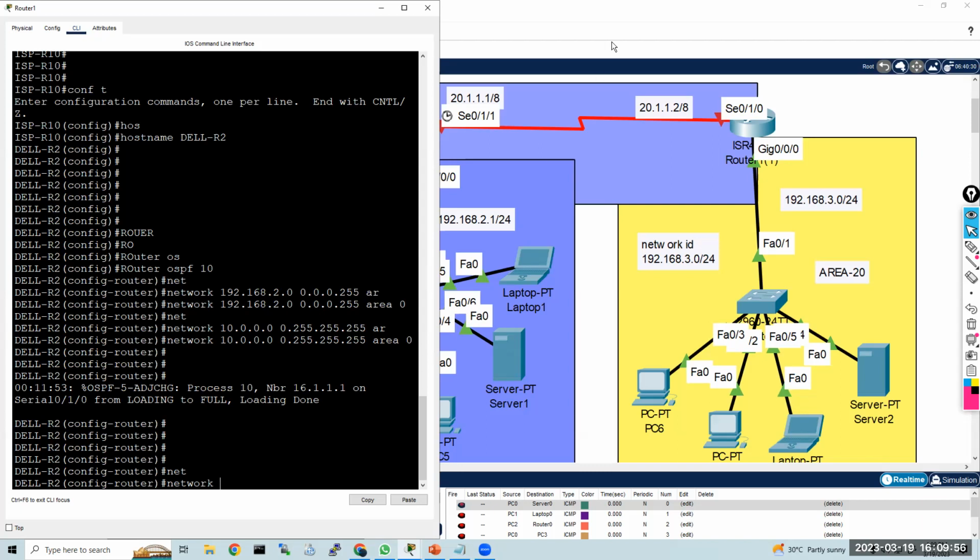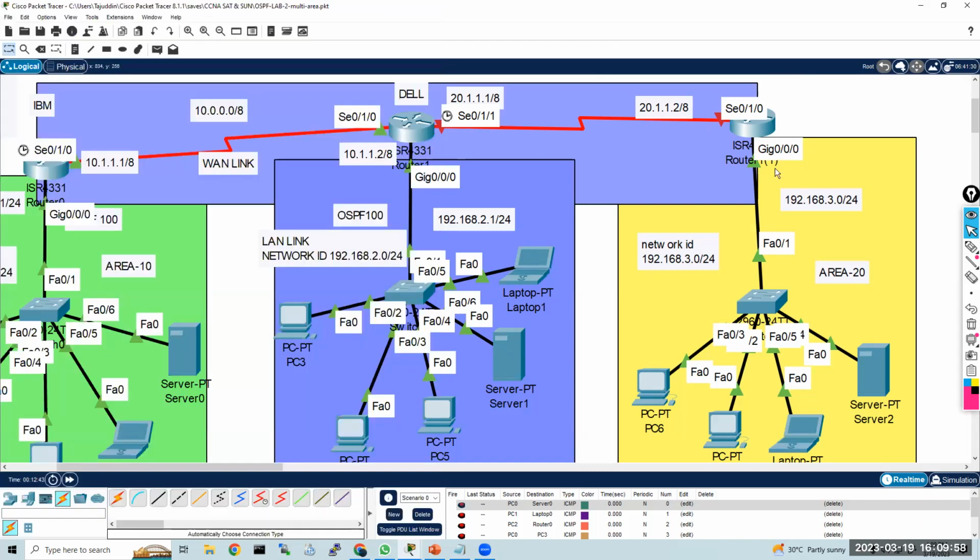We are in router 2, not in router 3. So remember, if you are in router 2, remember guys, 20.1.1.1, sir. See, one network. Okay, in area 0, how many are there? This is one network, this is second network and this is third network. All belong to area 0.